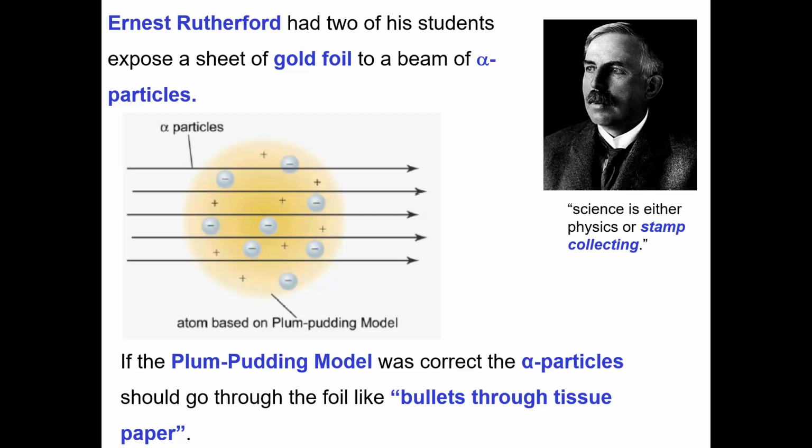And he did some math about what the density of an atom according to the plum pudding model would be, and then compared that with the speed of the alpha particles and came up with this conclusion. So Geiger and Marsden headed off to the lab to test this idea.